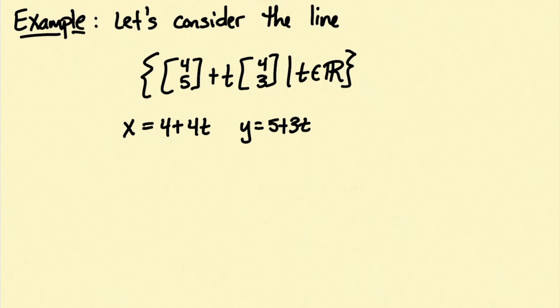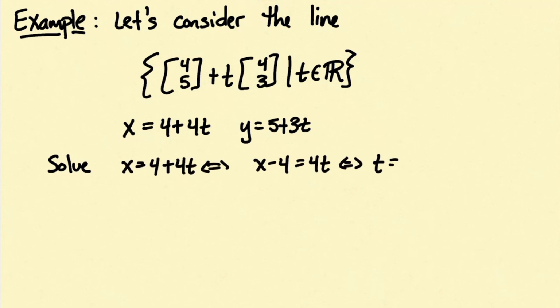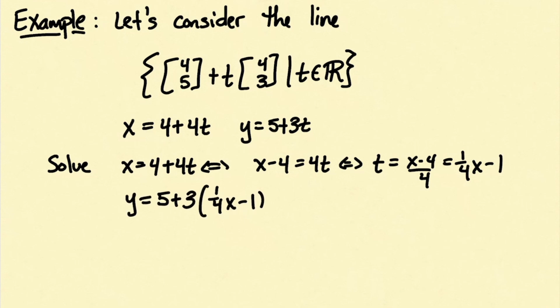If we solve the first equation for t, we get t is equal to (x minus 4) divided by 4, or you can think of that as 1/4 x minus 1. Now if we plug that back into our expression for y, we'll come up with our familiar form of a line. So we get y is equal to 3/4 x plus 2, which is the usual slope-intercept form from a basic algebra class.